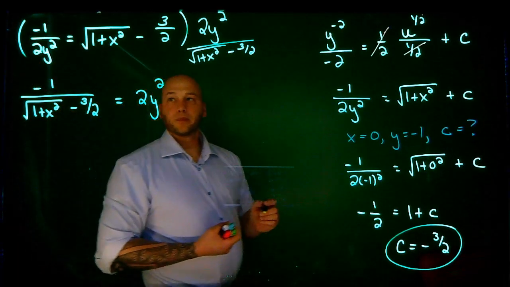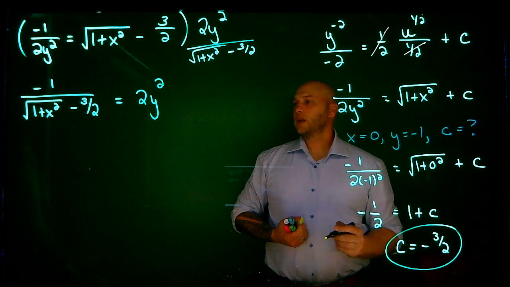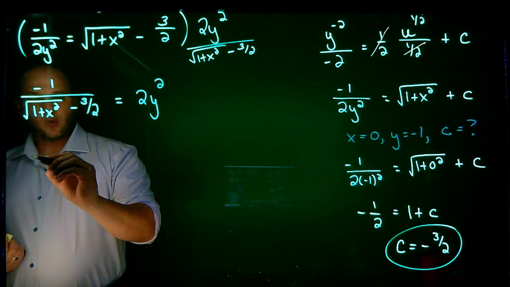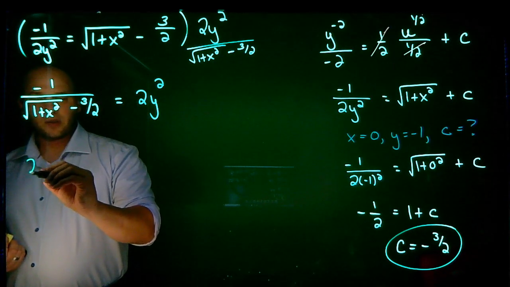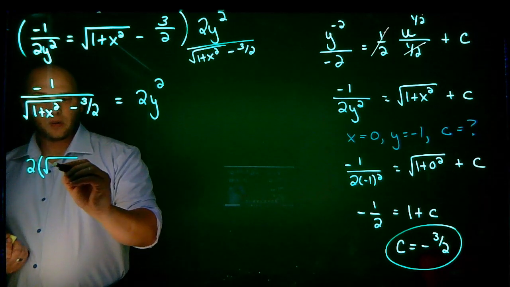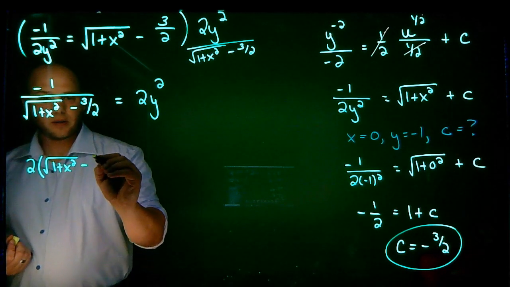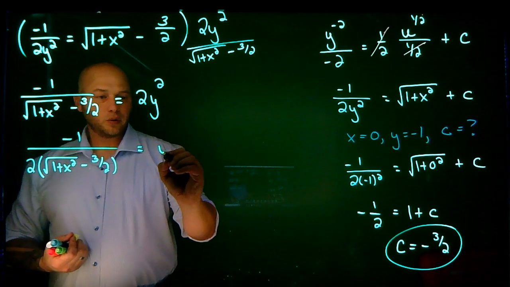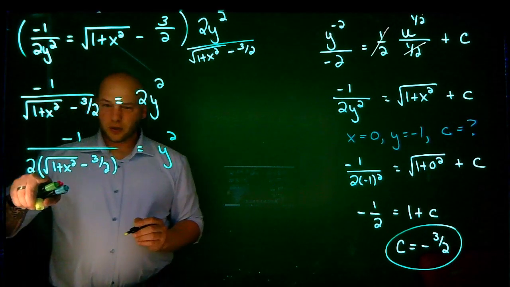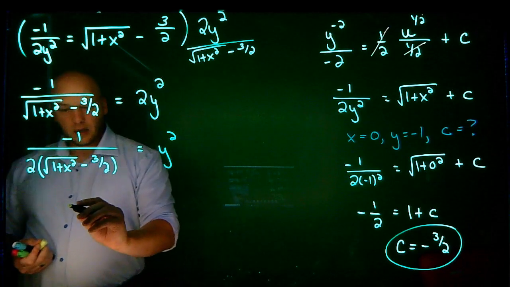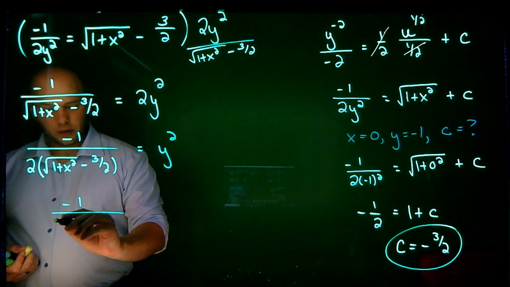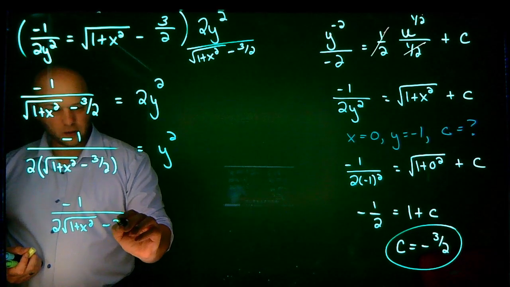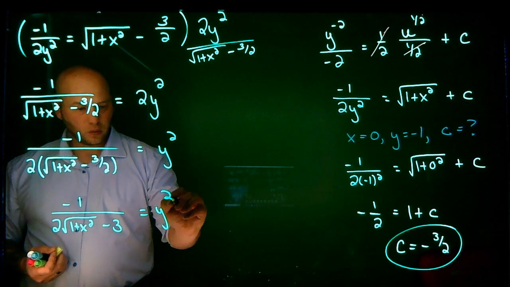And let's see, so then if I divide both sides by 2, or equivalently multiply by a half, I would get 2 square root 1 plus x squared minus 3 halves underneath negative 1 is equal to y squared. I can distribute that 2 through the parentheses, giving me negative 1 over 2 square root of 1 plus x squared minus 3 is equal to y squared.